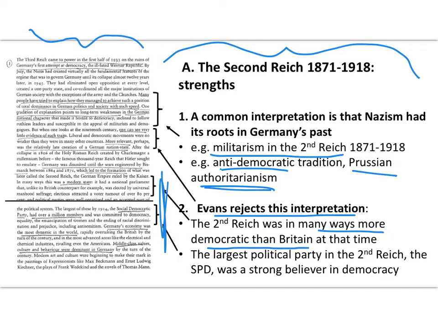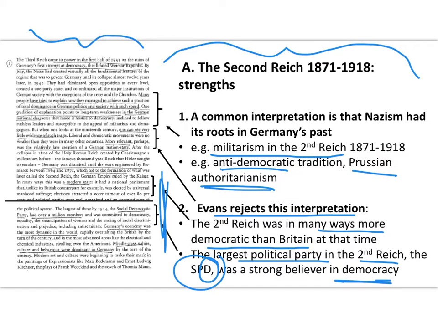Okay, and a kind of related point is that actually, again, the largest political party, the voice of a substantial proportion of the German people in the Second Reich, was the SPD. They got 110 seats in 1912. They were the largest party. Well, the SPD, what does the D stand for? It stands for democracy.